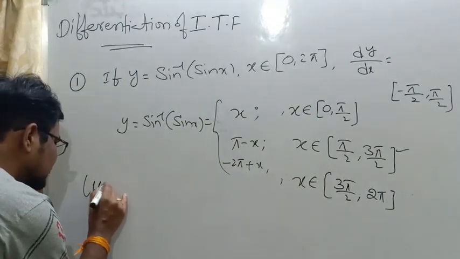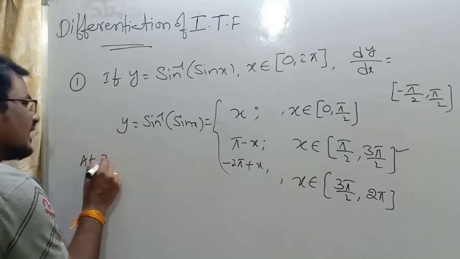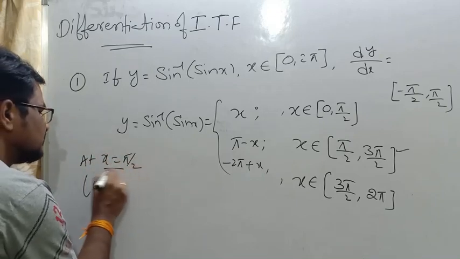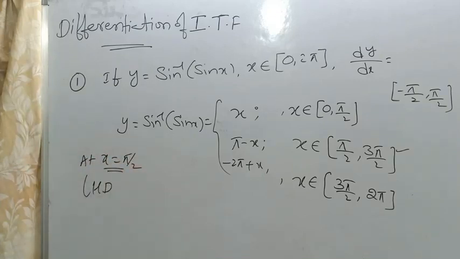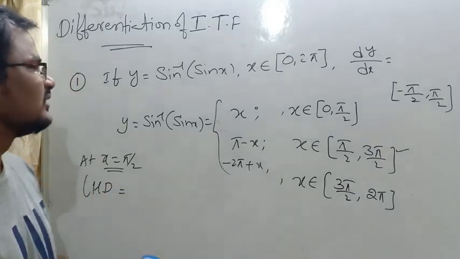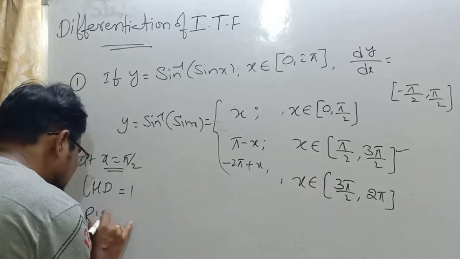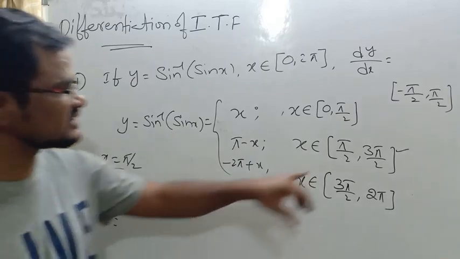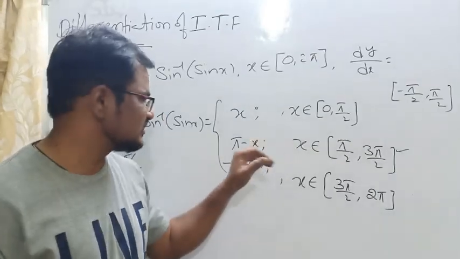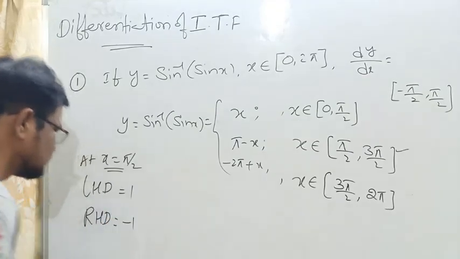Before that, at x equal to pi by 2, the LHD, left hand derivative, if you do the differentiation, is 1. And the RHD, for x greater than pi by 2, if you differentiate, is minus 1.